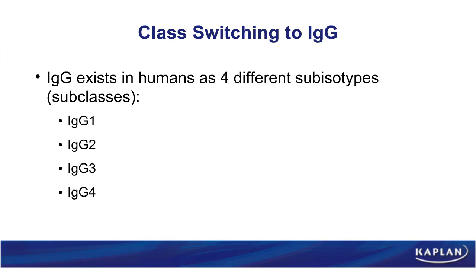You really do not need to know that currently for Step 1. Instead, what we would like you to know is that, yes, there are 4 different sub-isotypes. The most prevalent in the bloodstream is IgG1, and you become less and less frequent as you go down the list from IgG2 to IgG3 and then IgG4.